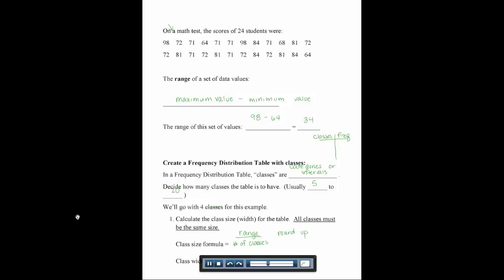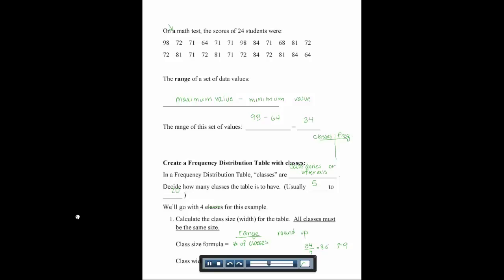For our frequency distribution table above, our range was 34, and we want 4 classes. So if we divide 34 by 4, we get 8.5, and we're going to round this up and use the number 9. So our class width for our example is 9.